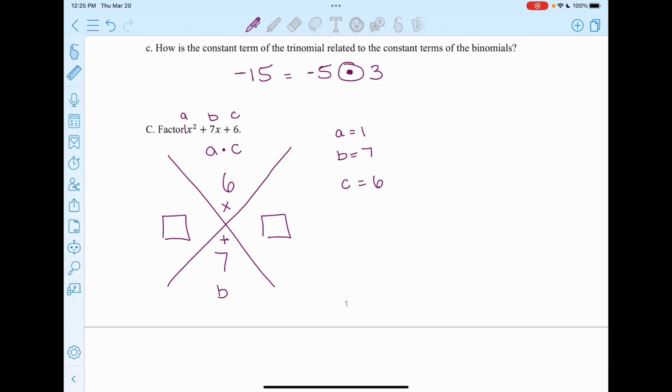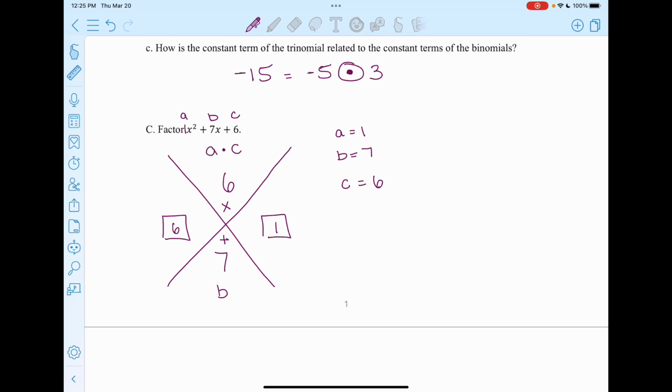For example, I could try 2 times 3. 2 times 3 is 6, but 2 plus 3 is not 7. So I have to think about two different numbers. How about 6 and 1? 6 times 1 is 6, and 6 plus 1 is 7. So 6 and 1 work.